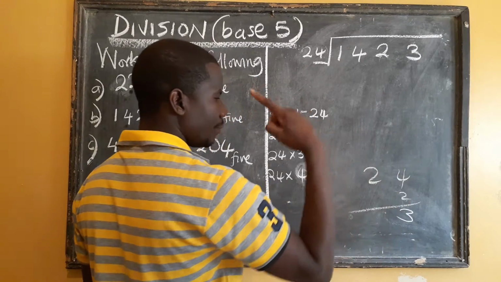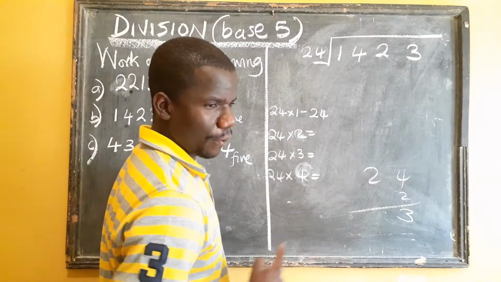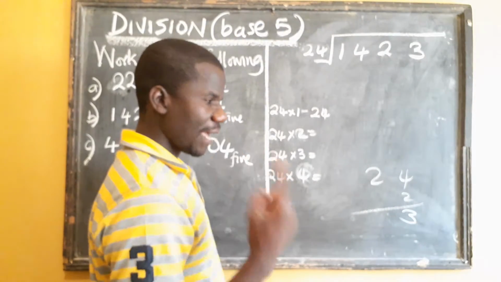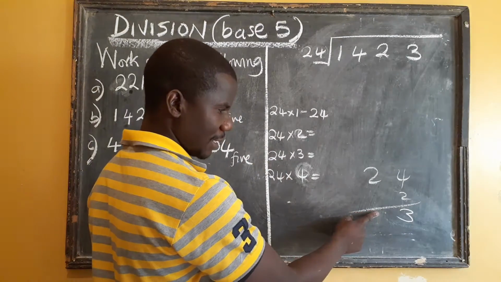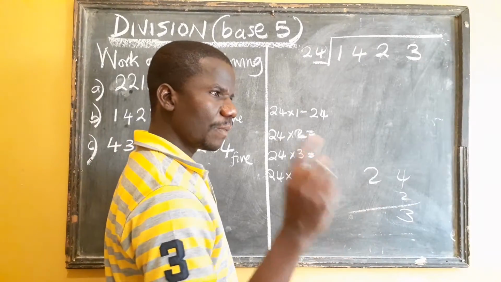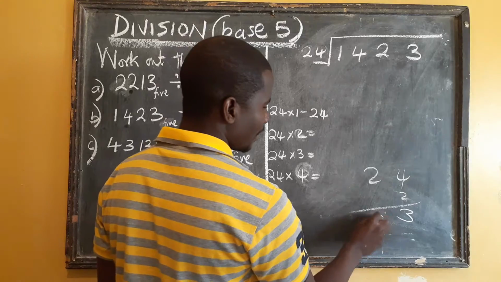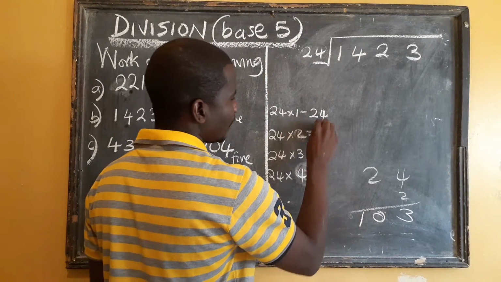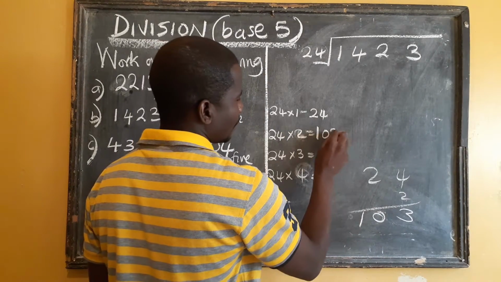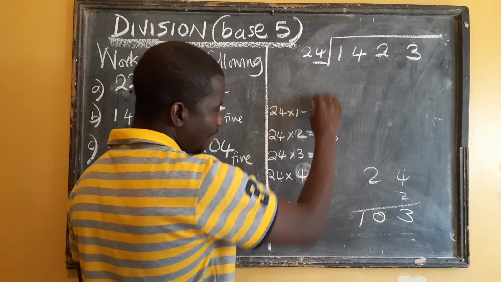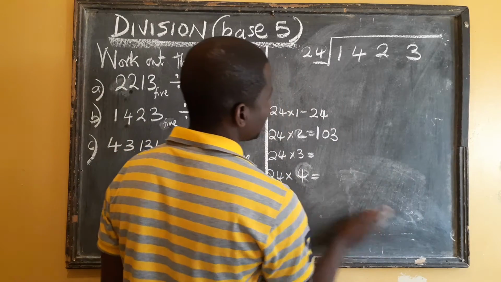Then 2 multiplied by 2, we're getting 4, plus that 1, it's 5. Now we're not going to write 5 here, so you divide 5 by 5. It will be 1 remainder 0. So you start with the 0, then 1 here. So this is 10 in base 5.